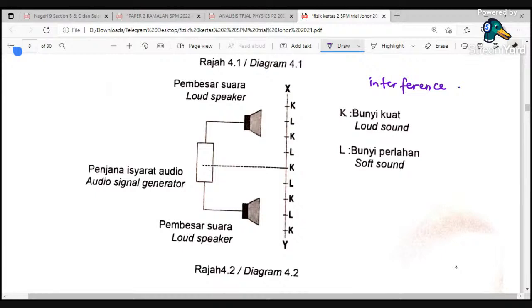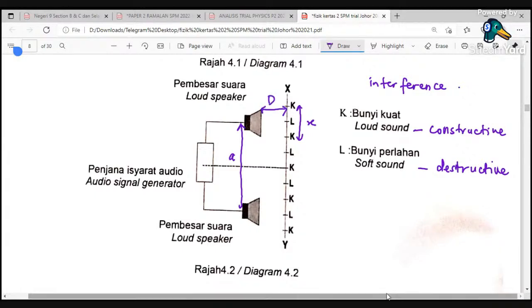Kalau ini ialah constructive interference. Okay, from here, the two loudspeakers separated by separation a, loud sound, this is x.